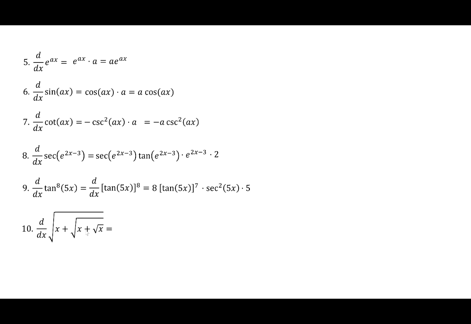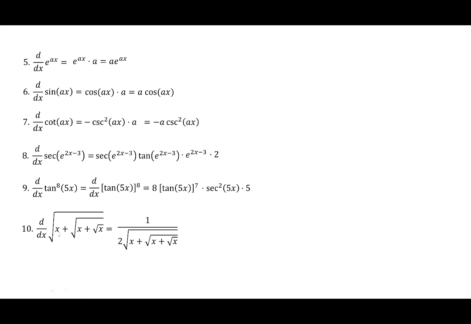So please memorize that. d/dx of square root of x is 1 over the quantity 2 times the square root of x. So with u being x plus square root of x plus square root of x, the stuff inside the big radical, the derivative would be 1 over 2 times square root of u. But u is this guy. So you end up getting this as a first step.